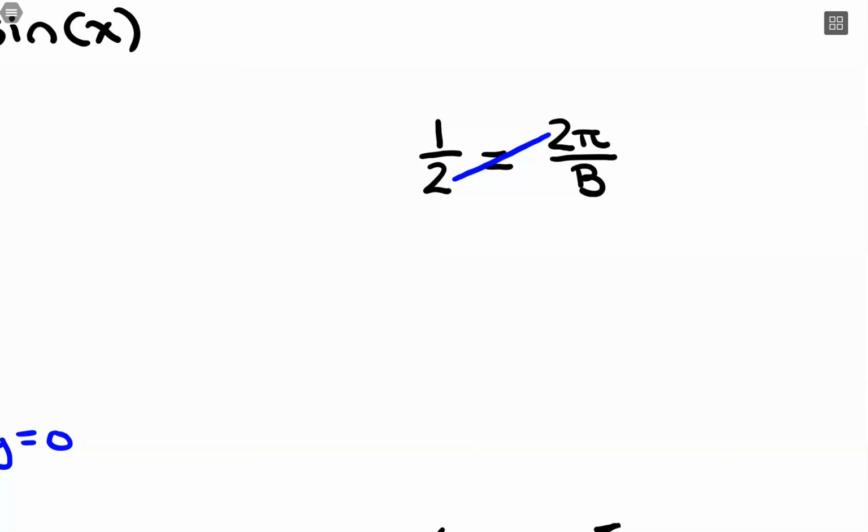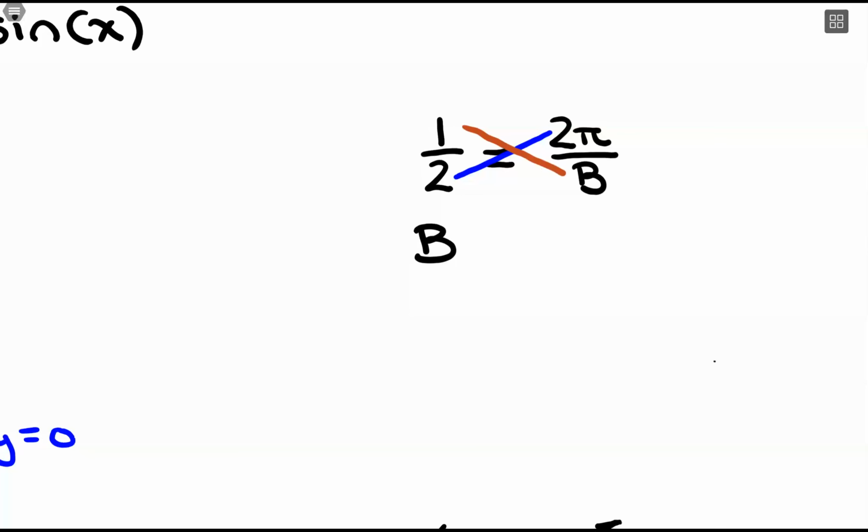On the other side of the equation, the 1 times b. So we'll have 1 times b on one side of the equation, and then equals 2 times 2 pi, which is 4 pi. So the value that we actually want to plug in for b is 4 pi.